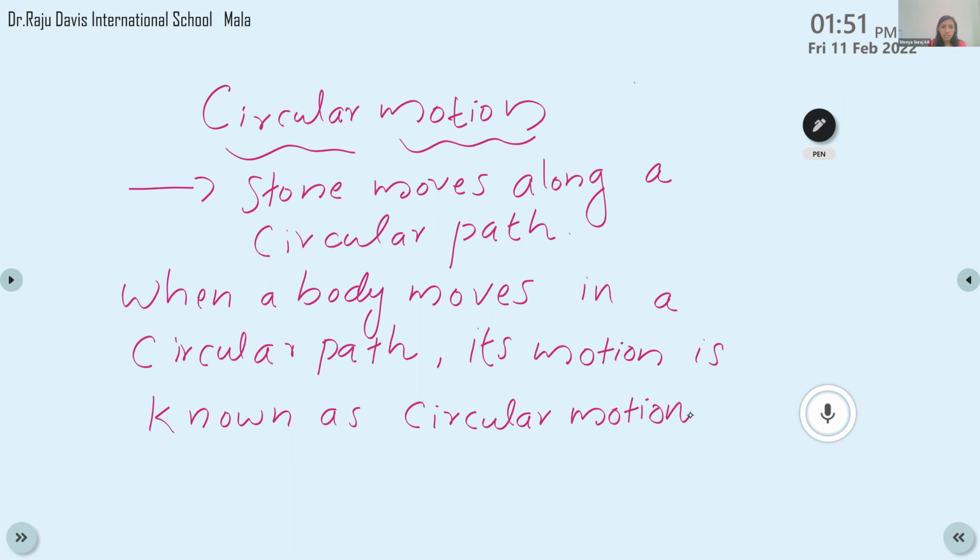A body means a stone, or a human body. Here the stone is considered as a body. When a body moves in a circular path, its motion is known as circular motion, right?